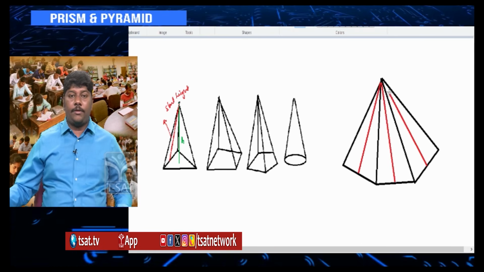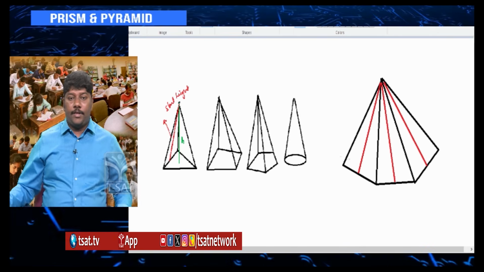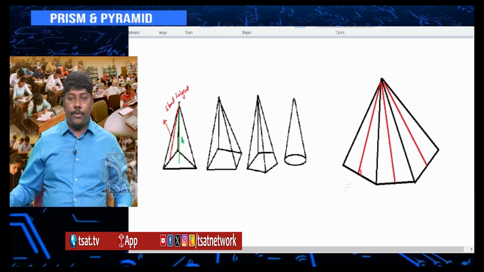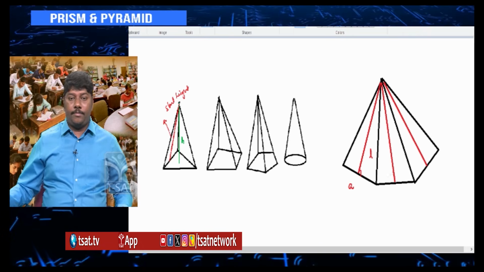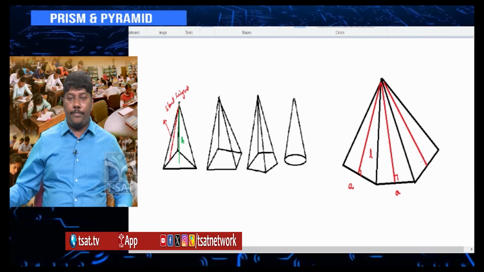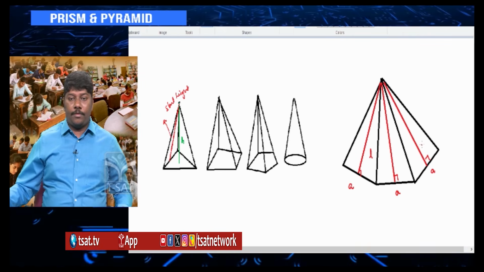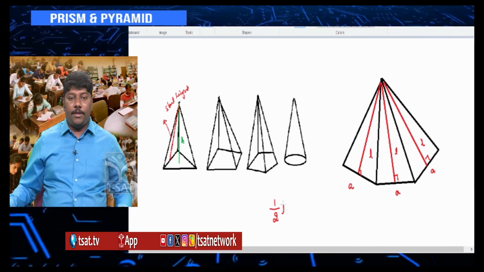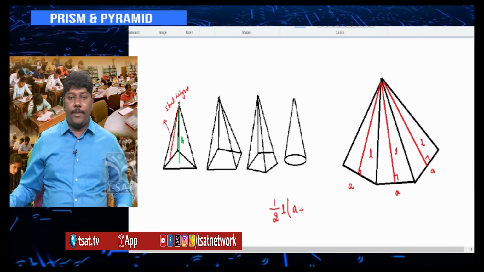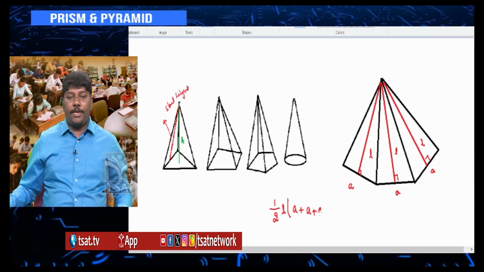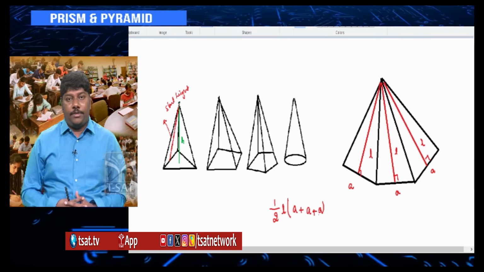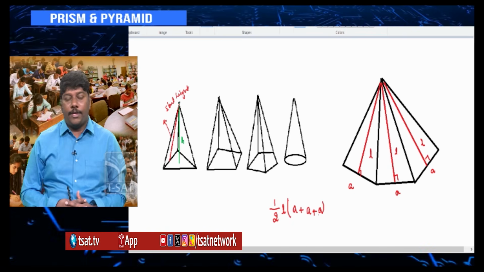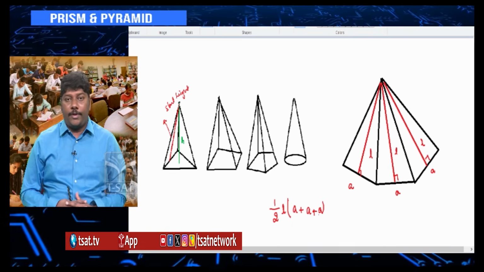So, how do I find the area of these three triangles? Half into base into height, so half into a into l. It becomes half l into a plus a plus a. In case of a triangle, it is a plus a plus a. If it is a rectangle, then you have to add the perimeter of the rectangle.